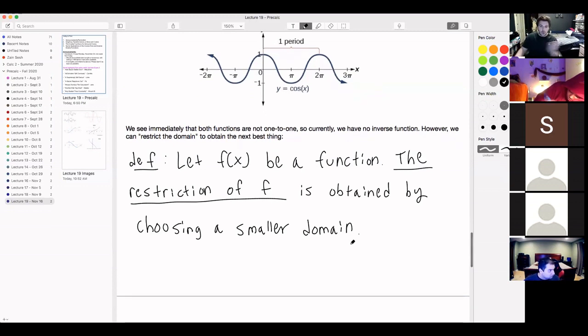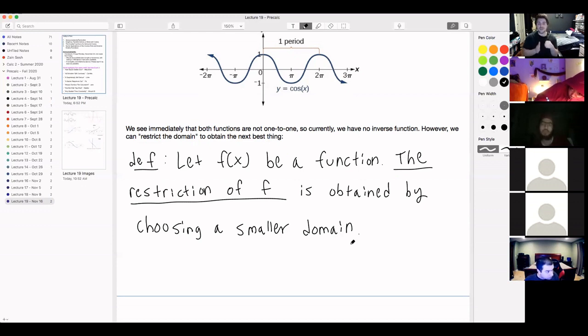So you have some function f. Let's say it has a domain, but you don't want to work with this big domain that f came with. Maybe it's too big. Maybe the function's not one-to-one on that domain. But we can choose a smaller domain, a subset of f's domain, and just look at that function on that smaller domain.